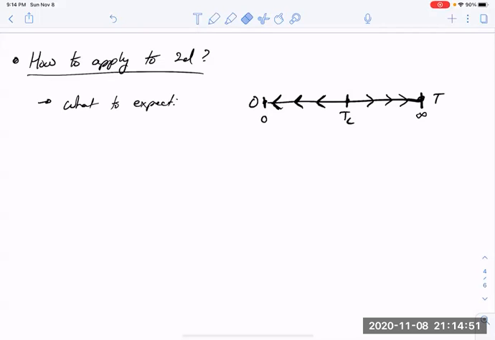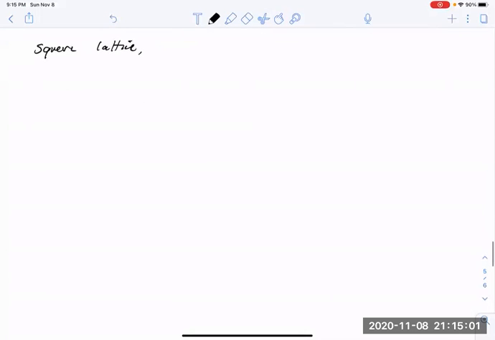Okay, so let's consider this calculation in 2D on a square lattice. All right, so let's put some spins down on a square lattice.